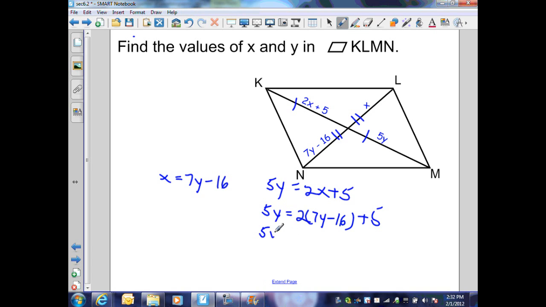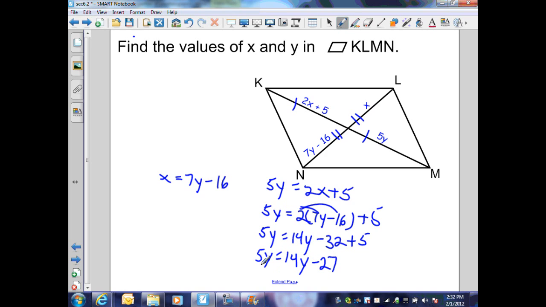Simplify. 5y equals 14y when I distribute, minus 32 plus 5. Simplifying again, 5y equals 14y minus 27.